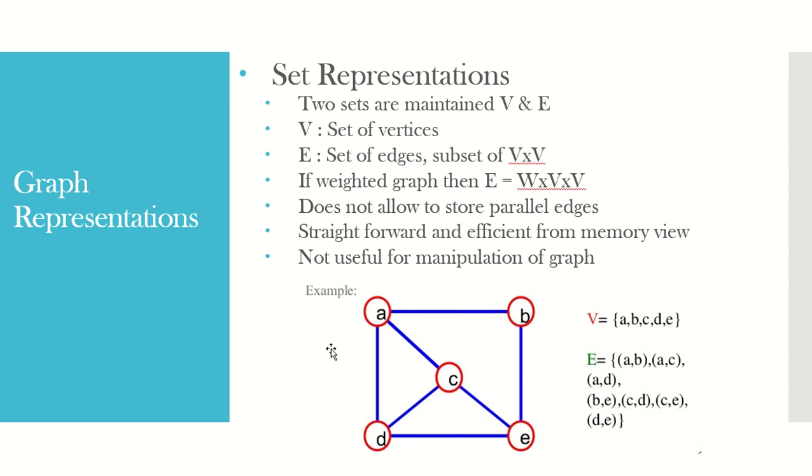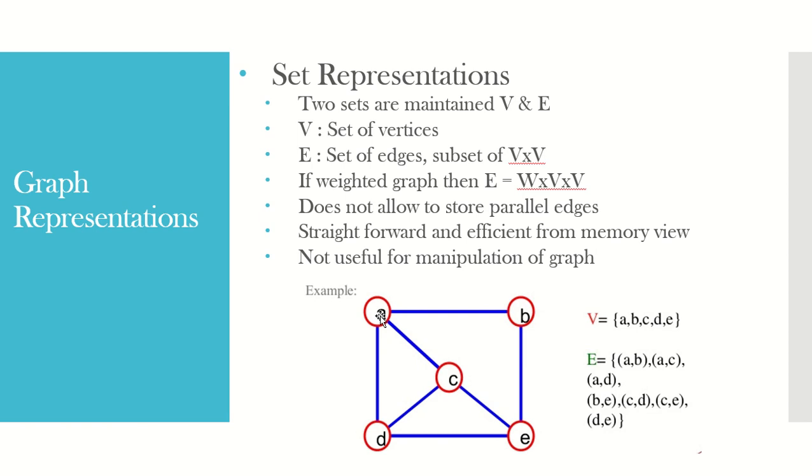Here you can see a graph. There are 5 vertices A, B, C, D, E. So the set of all vertices V will comprise A, B, C, D and E. Next, you have to represent the set of all edges. You have an edge between A and B, represented as the ordered pair AB.